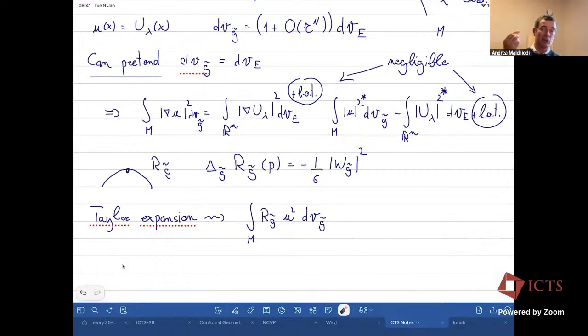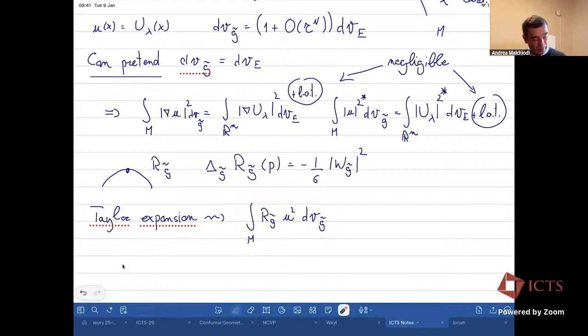And by the Sobolev embedding into L2, which is actually a compact embedding, the integral of u lambda squared goes to 0. But you can actually quantify this thing here.